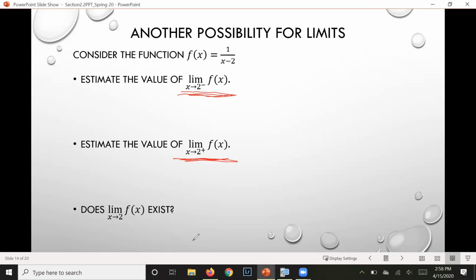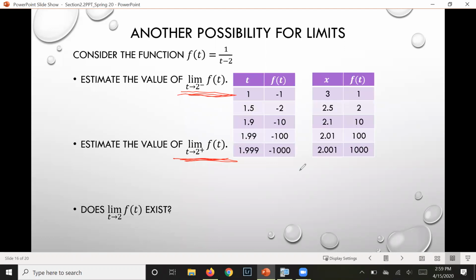And again, before I show the tables, we want to pick values getting closer and closer to 2 from below for the first one, and values getting closer and closer to 2 from above. If I do that, this is what we end up with. Approaching from below, that's the first table, so I'm going to label that with a 1. That is this table here on the left.